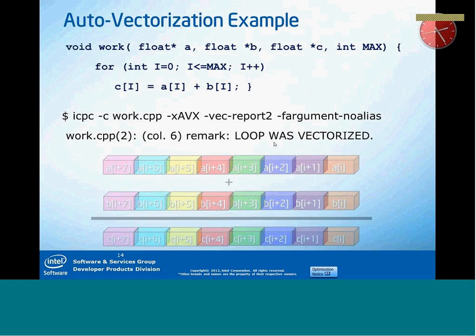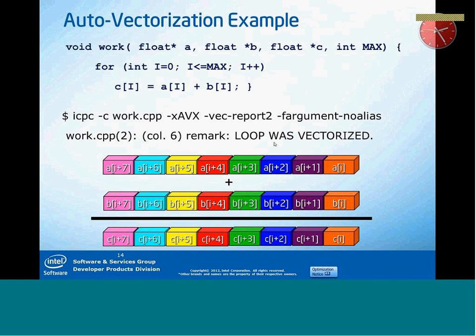Now, this is obviously a trivial example. It does show the power of what the compiler can do. Instead of adding 1 element at a time, you can add 8 elements at a time. And now I address what I said earlier. It is 8 and not 4 or some other number because this is targeted for an AVX capable processor.